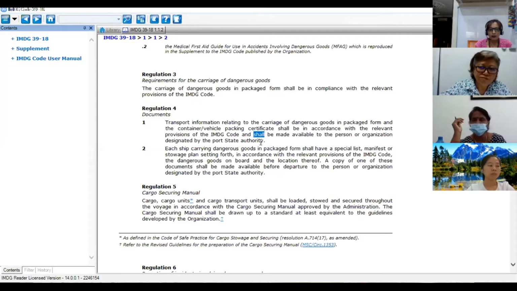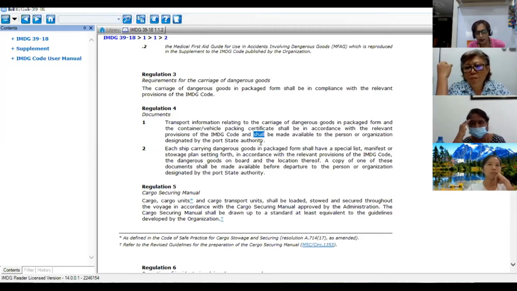Could it possibly be that they are confusing port grouping systems and packing groups? Because I tend to notice, and I shouldn't be naming carriers, but this could be MTT that you're dealing with. It can be them. It can also be other lines.